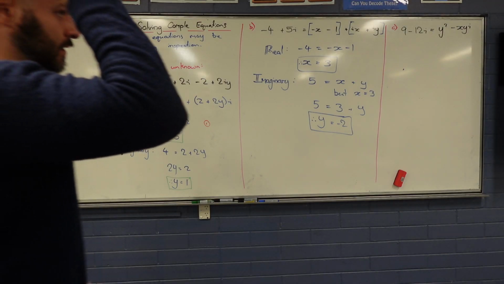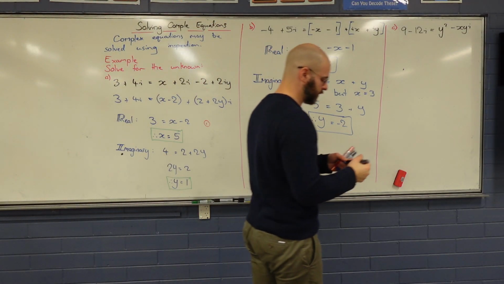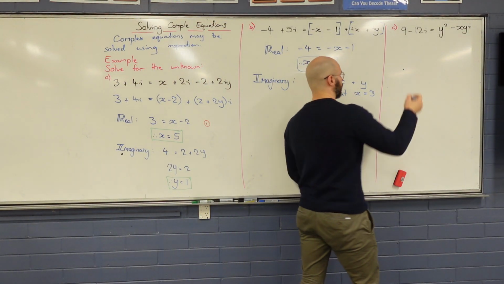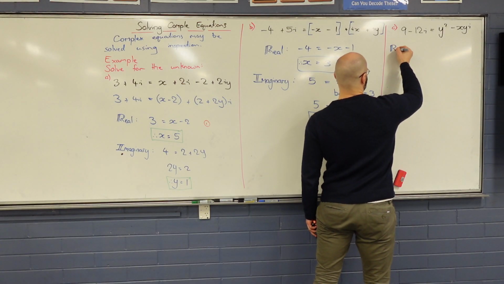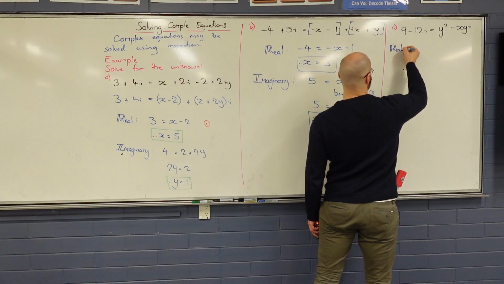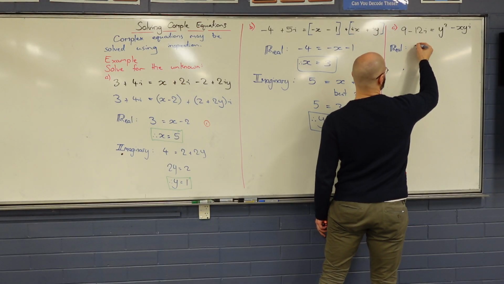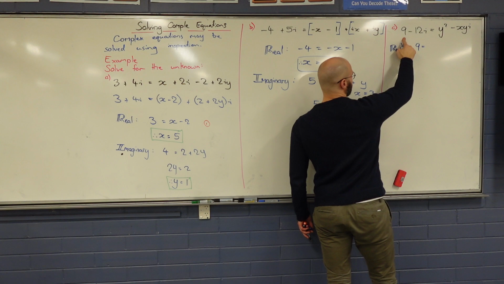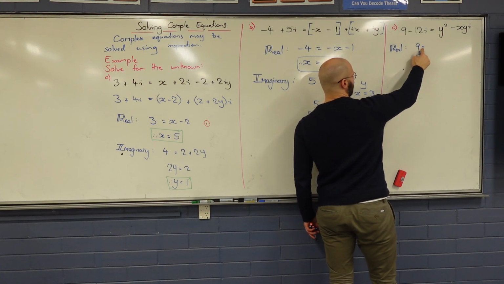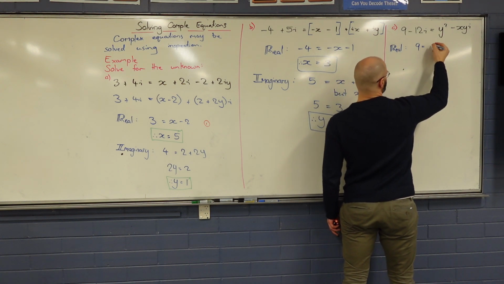Yeah, because this example isn't to show what we've already done, it's to show something new. So our real component is going to be what, please, Levi? 9 equals y squared.